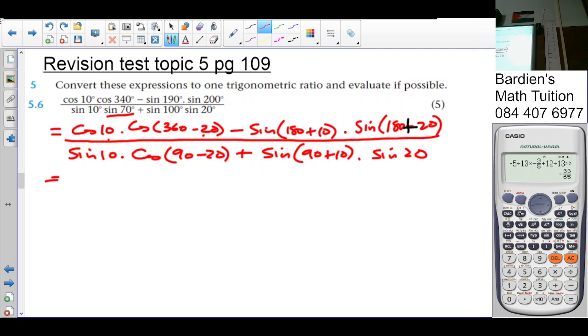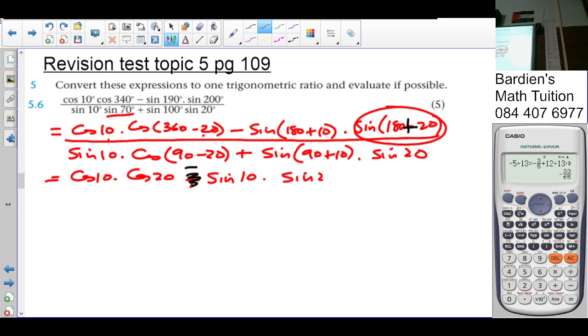So using a reduction formula, that's going to become cos of 10 times cos of 20. That's going to give you, in the third quadrant, sine is negative, change the negative to a positive. Sine 10 times, this is also in the third quadrant. The sine is negative in the third quadrant, making that the negative sine of 20.